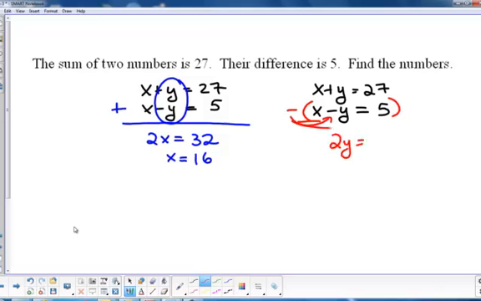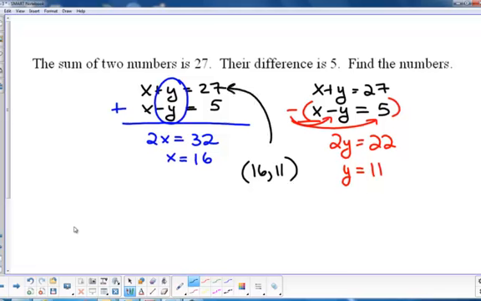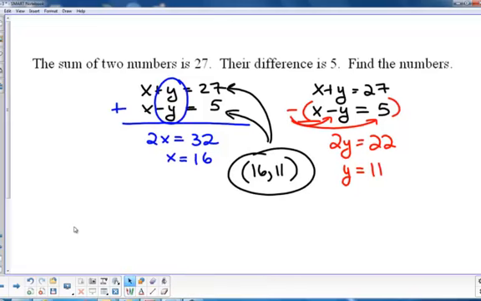And 27 minus 5 is 22. So y is 11. So our ordered pair solution for these two is 16 and 11. And let's just check. Is 16 plus 11 27? Yep. Is 16 minus 11 5? Yep. So hooray.